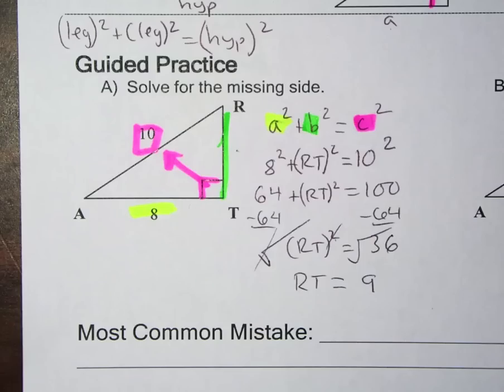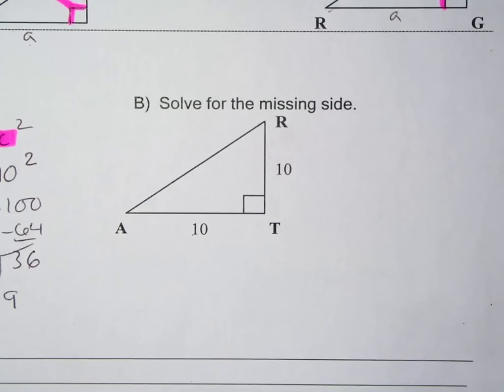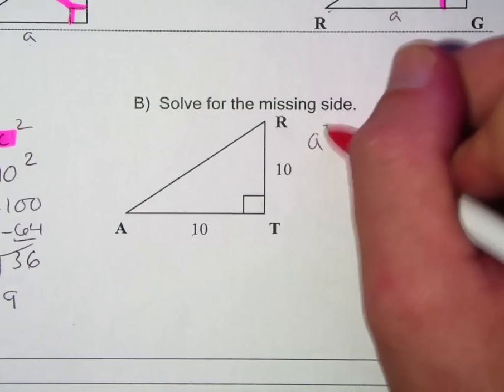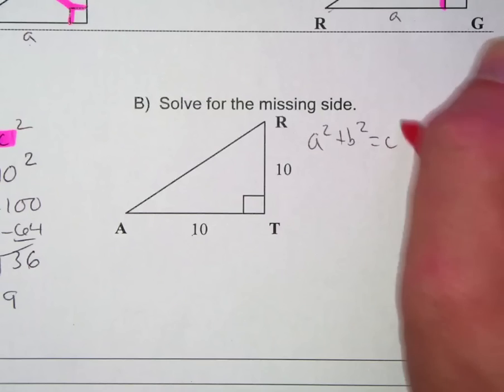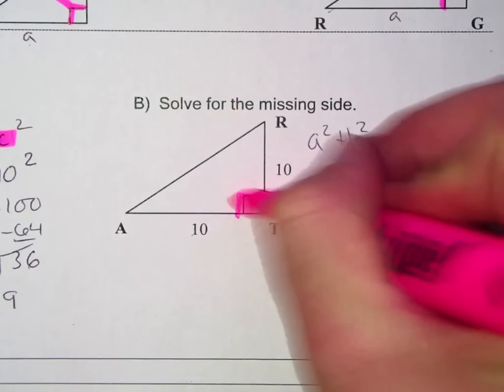All right. So let's try this one more time on the other side. I'm still solving for the missing side. The missing side is over here. I'm going to write a squared plus b squared equals c squared again. I'm going to start by finding my 90.